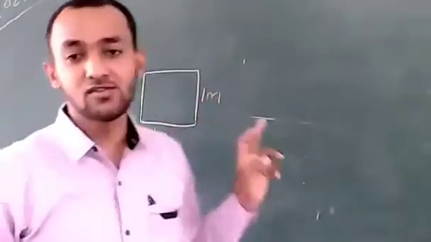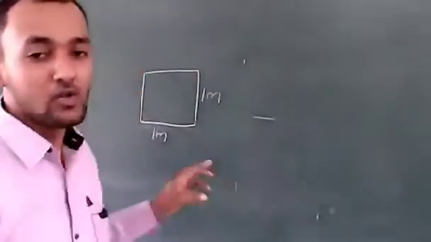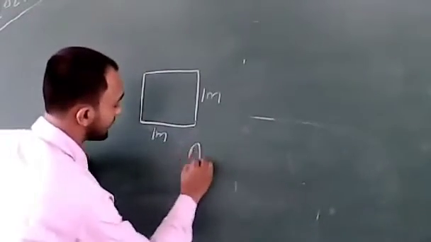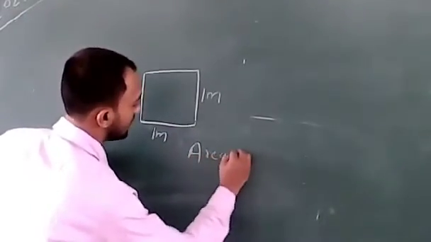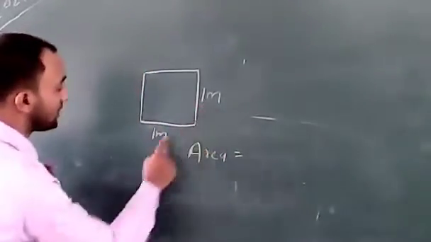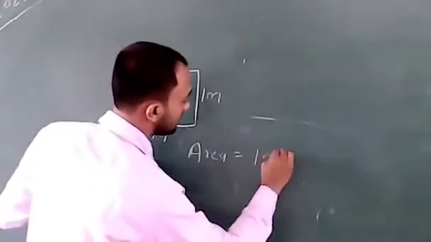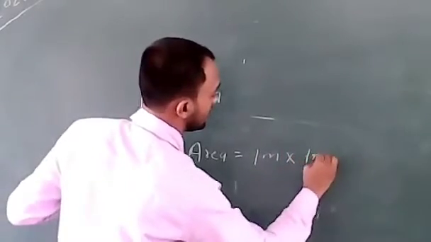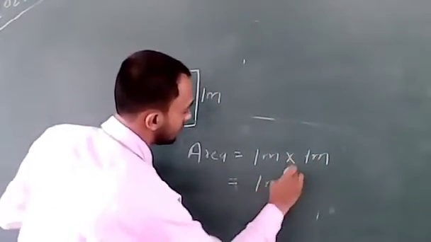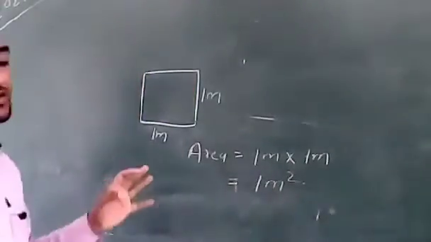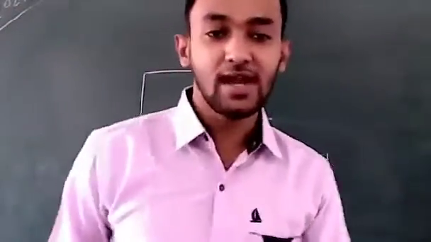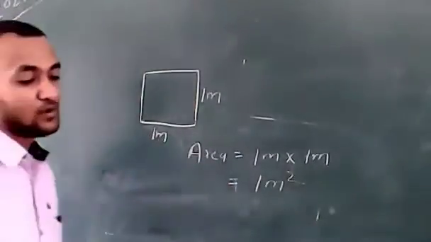We all know all sides of a square are equal. So if a square has side 1 meter, its area will be side square, 1 meter into 1 meter, equal to 1 meter square. So we can define 1 meter square as the area of a square surface whose each side is equal to 1 meter.